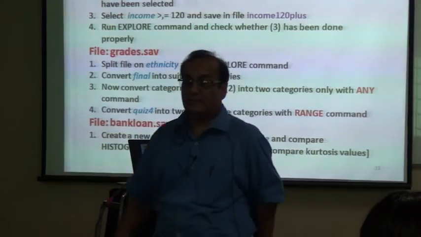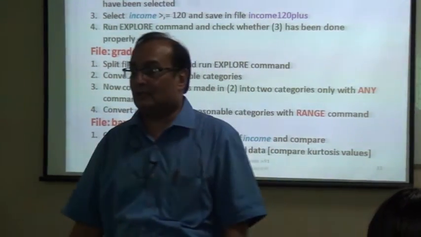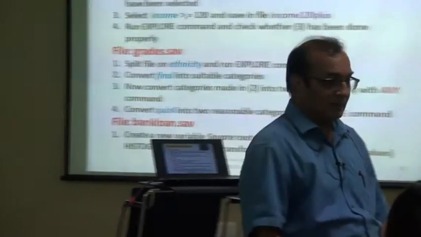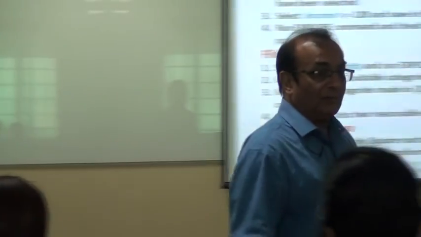I am giving you some 10 minutes time. Please do this exercise as soon as possible. I am here around. If you are finding any difficulty, call me and I will resolve it.